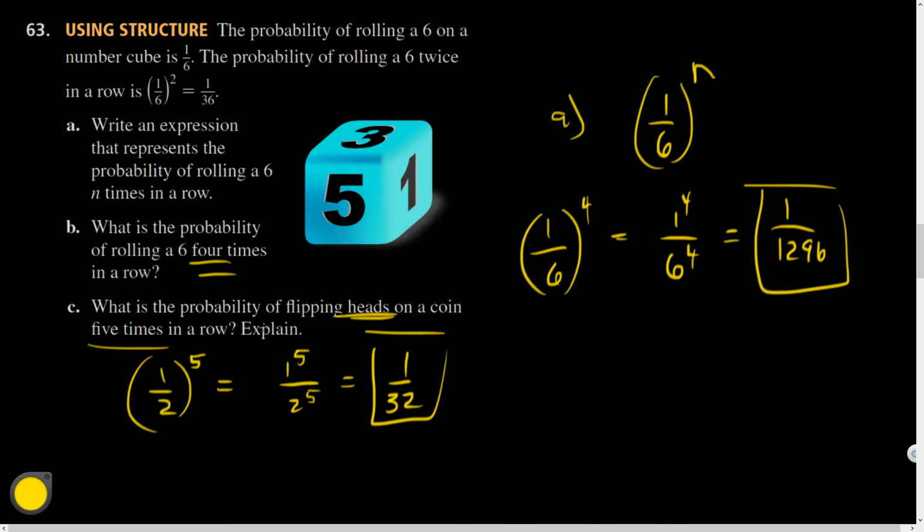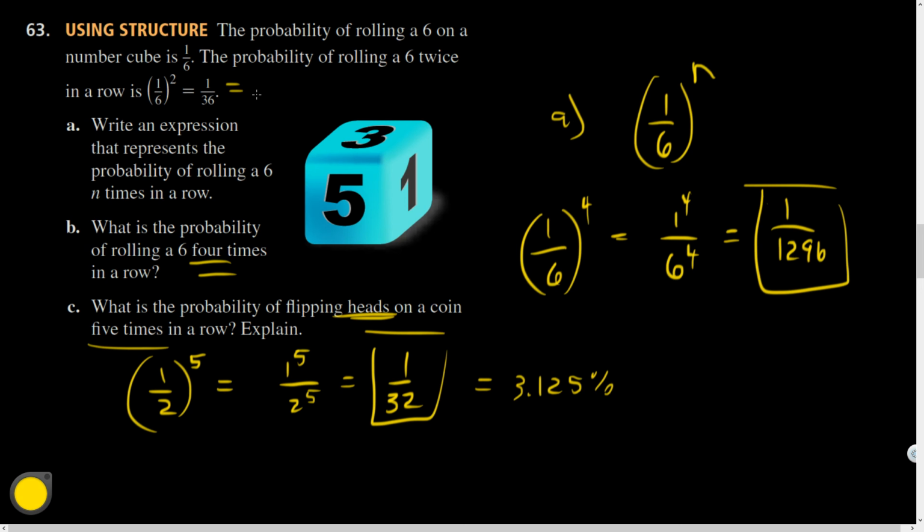Oh, explain. Yes, because you would multiply the probabilities of independent events. Multiplying 1/2 by itself 5 times is the same as raising it to the 5th power, right? You distribute that exponent over the top and bottom. You get 1/32, which is the same as a 3.125% chance, which actually happens to be more likely than rolling 2 6s.